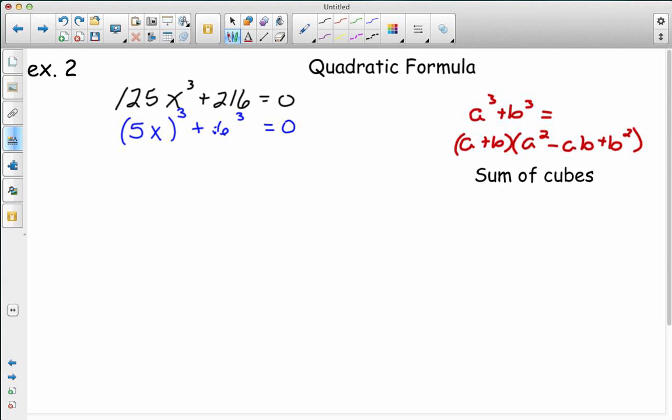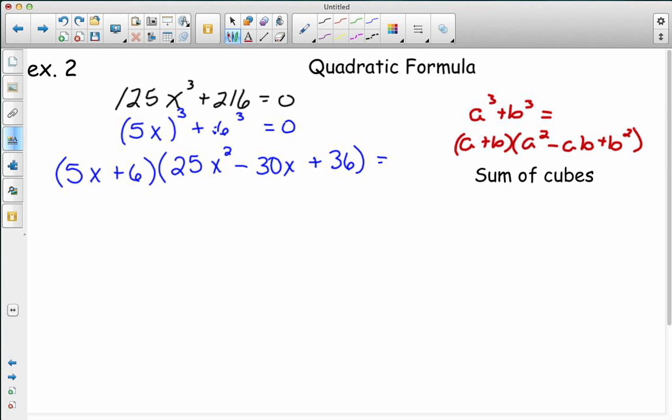So that means really that what I have is 5x plus 6, and multiply that quantity times the quantity of 5x, 5 times x squared, or 25x squared, minus 5x times 6, or 30 times x, plus 6 squared, or 36.